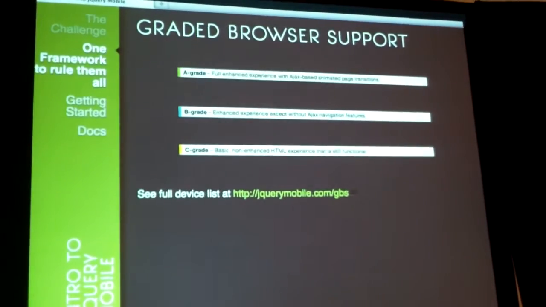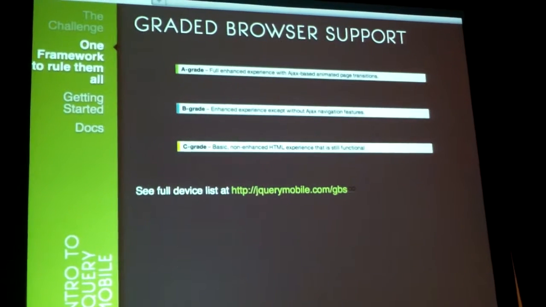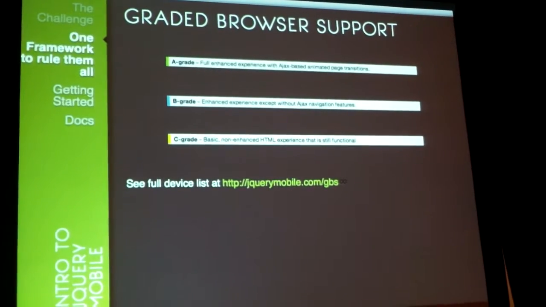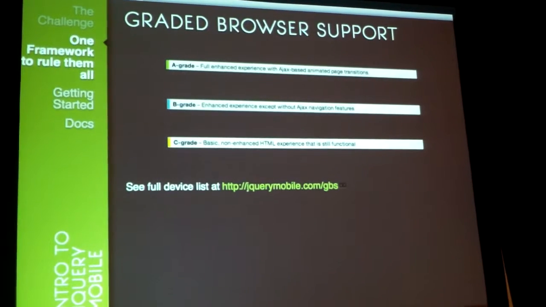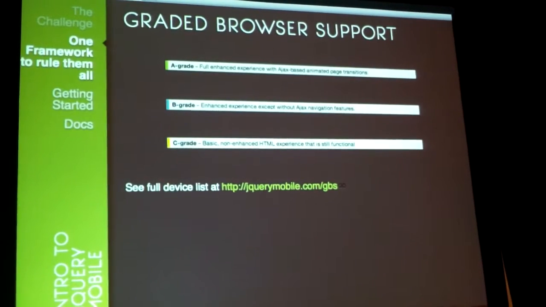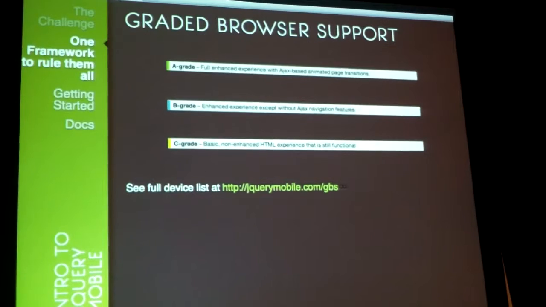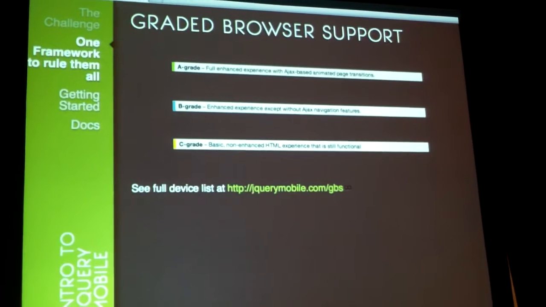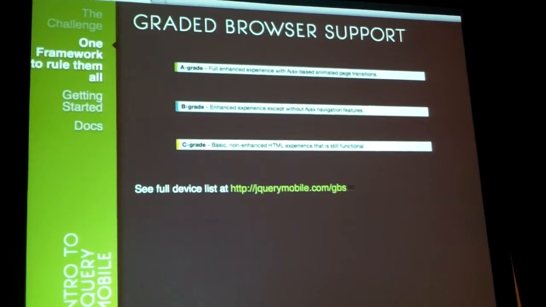And we do that by graded browser support. So we have 3 grades, 4. There's A grade, which is you get the full experience. You get all the enhancements. You also get the AJAX-based page transitions. Most of the smartphones are in A grade. There's a few exceptions.